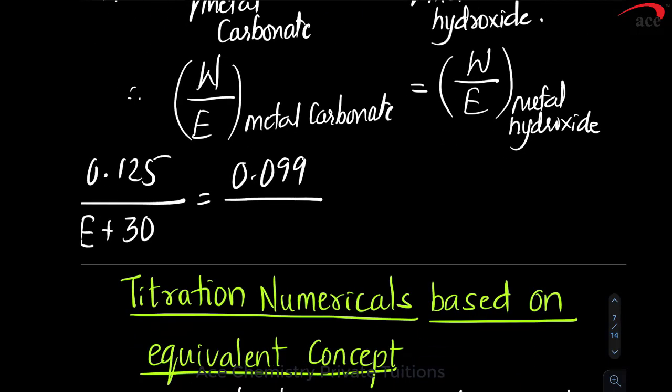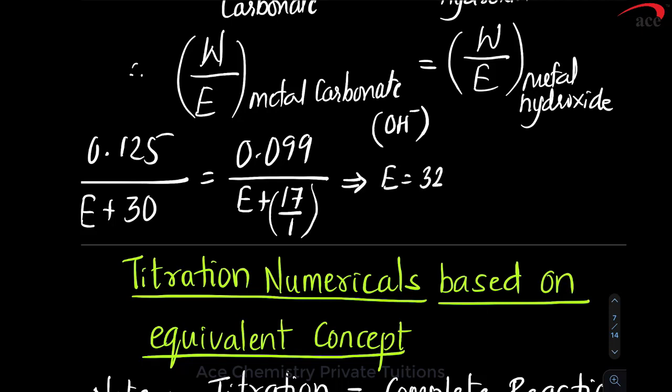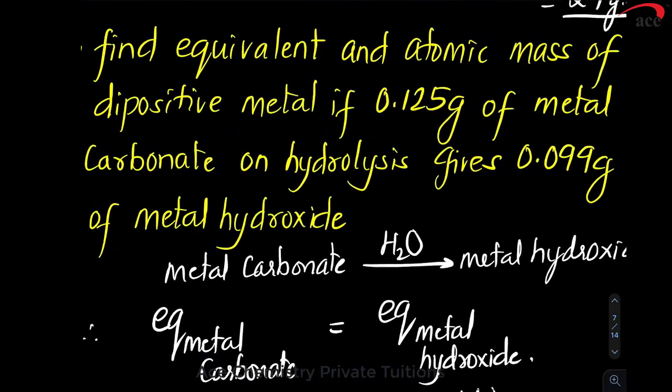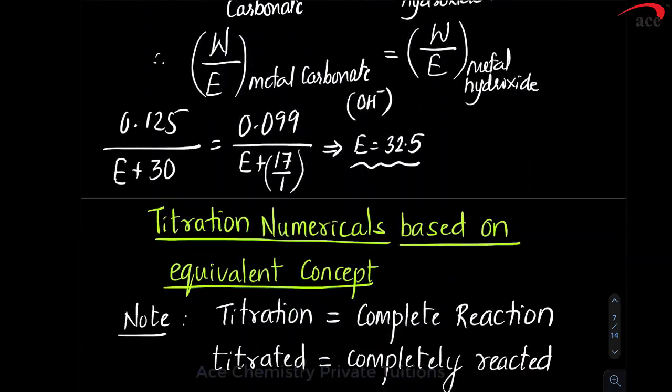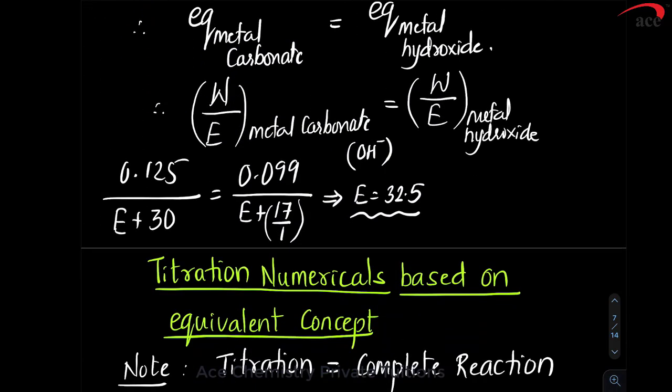0.125, the equivalent mass of metal carbonate is E plus 30, will be 0.099, and for metal hydroxide it will be E plus 17. You know hydroxide is OH minus, 17 upon 1, and if you solve for the E value you will get 32.5. So the equivalent mass will be 32.5.